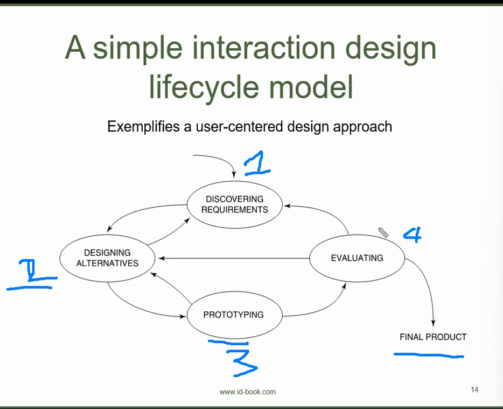But before that, since this is an iterative cycle, it wouldn't stop there. You can see arrows going back to the first stage, going back to the second stage. From the second stage it can go back to the first stage, and from the third stage it goes back to the second stage.